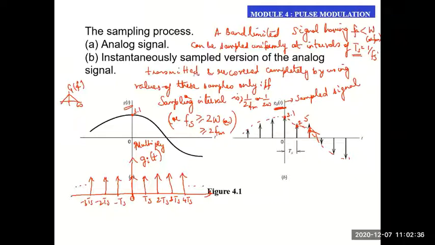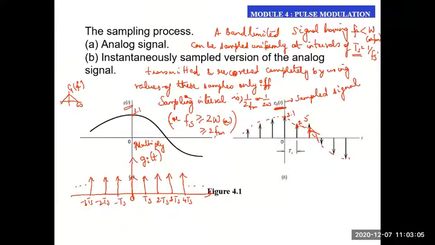Those samples can be transmitted, and at the receiver we can recover the original signal completely, the given band limited signal, using the values of these samples, provided we have sampled at a rate which is more than 2 times the highest bandwidth of the message.